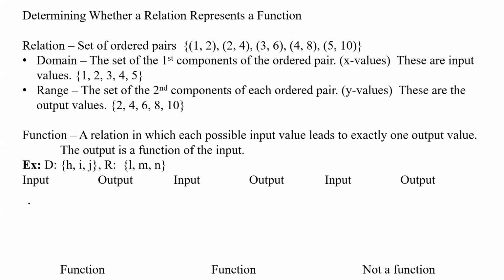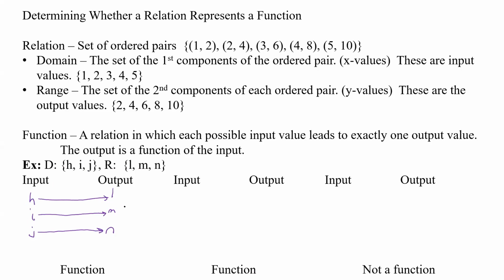Okay, so we could have input H, I, J, and we could have the output L, M, N. And so to be a function, each one of these is going to map to exactly one output. And so that would be how we could get this to do that as far as a function goes.